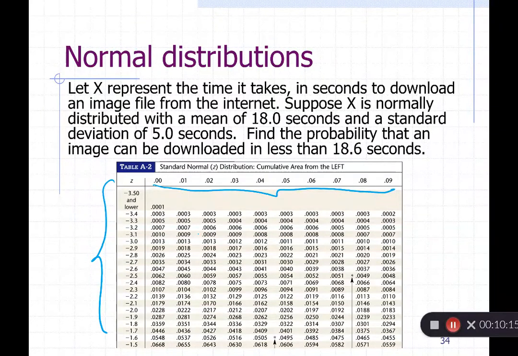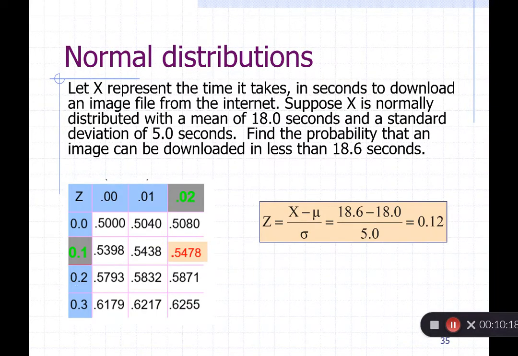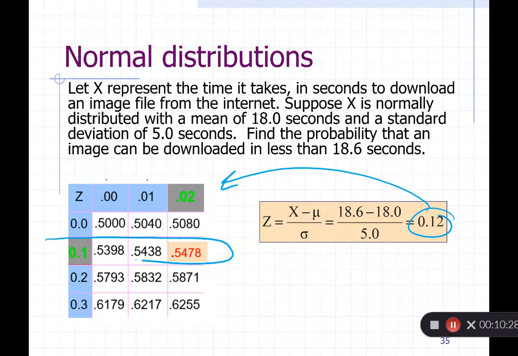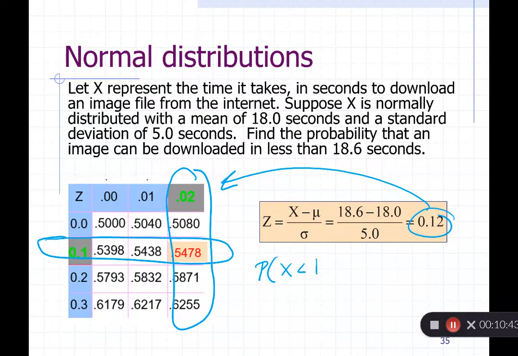And you would find, since our z-score is 0.12, the tenths place is a row, the hundredths place is a column, and your answer is where these two intersect. So the probability that x is less than 18.6 is equal to 0.5478.